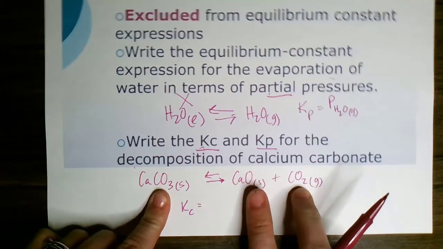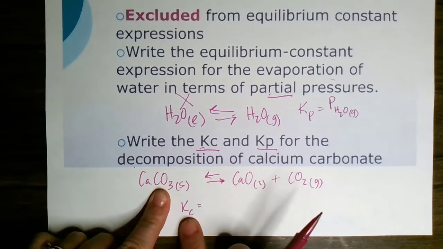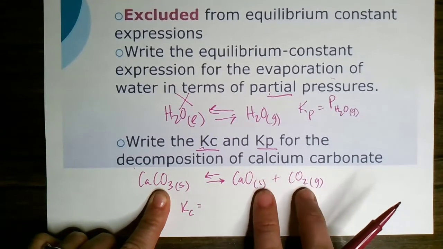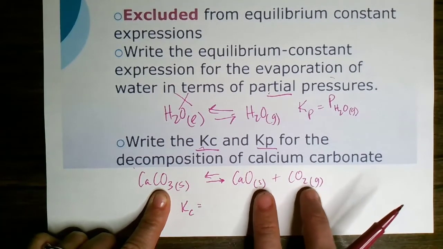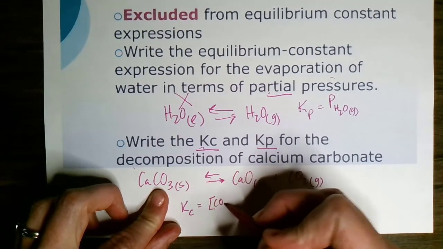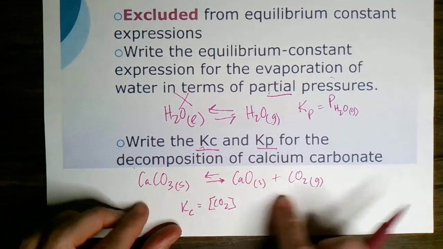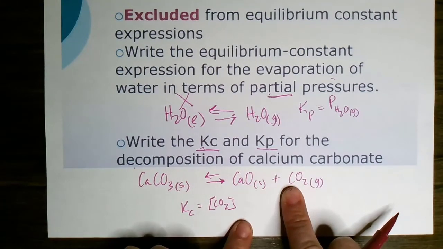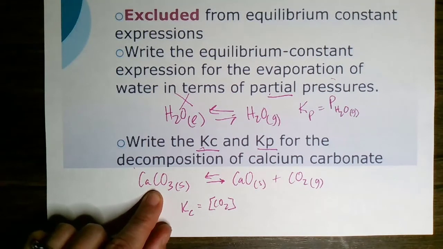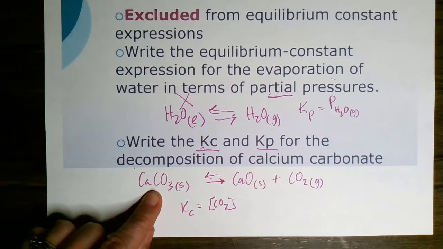Again, I'm only looking at gases and liquids. The only product that's a gas or liquid is CO2. So I would just do my concentration of CO2, to the power of 1, and there are no gaseous reactants, so that is all I would do for Kc.